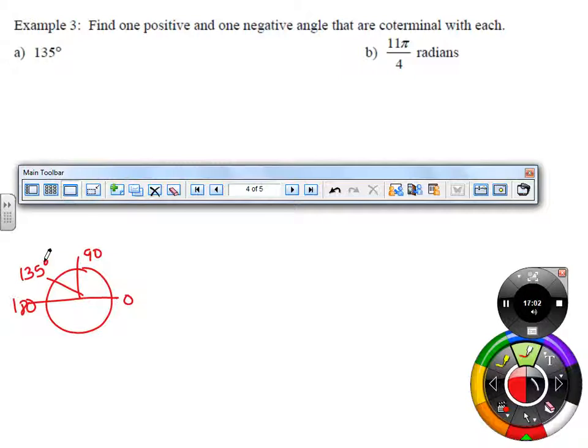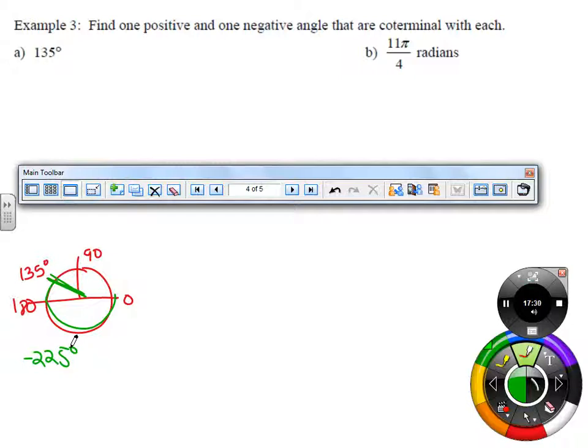It's just kind of some arithmetic you have to play with 360, right? It tells us to give one positive and one negative. So what's a negative angle that ends in the same spot as this 135 right here? Negative 225. So Skylar's getting that by going negative 180 and then 45 more. So negative 225 is an angle that would end in the same spot as 135.